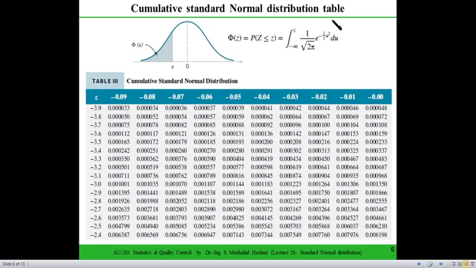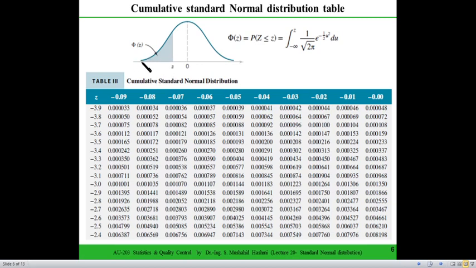Once you integrate and put the limit, your answer is in terms of z, and that area is represented by this function phi of z. So phi of z is just representing the area under the curve, which represents the probability for a value less than z.